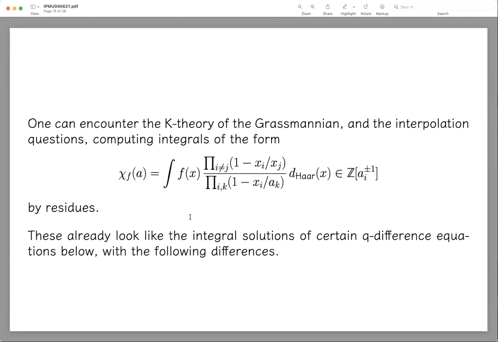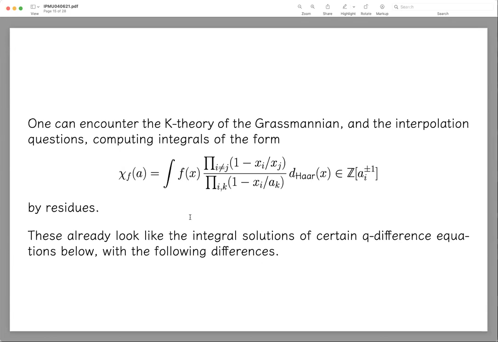And then you will notice that if you compute this integral by residues, the residues will occur exactly where the xi's are subsets of the ai's, the poles being in the denominators, but there are also zeros in the numerator, which force this to be a distinct subset of the ai's. So if you want to compute this integral by residues, you need to know the values of the function f exactly at the points I had on the previous slide.